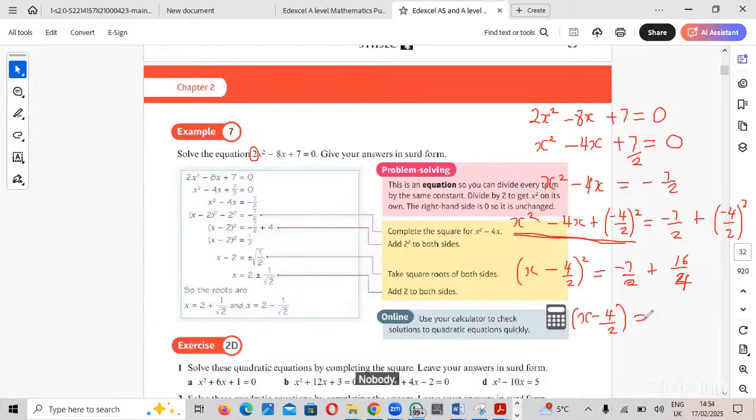Minus 7 over 2 plus 16 over 4 gives us 1 over 2.